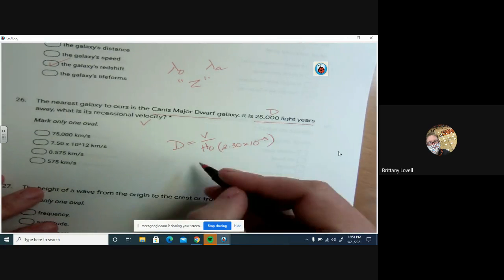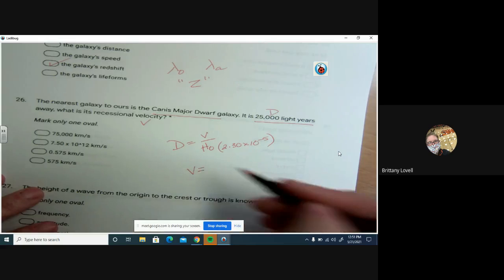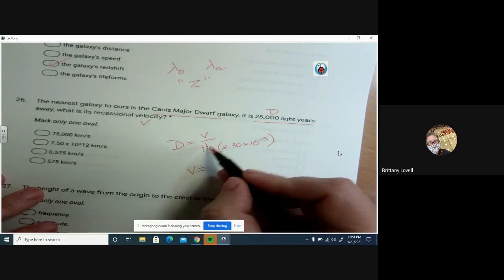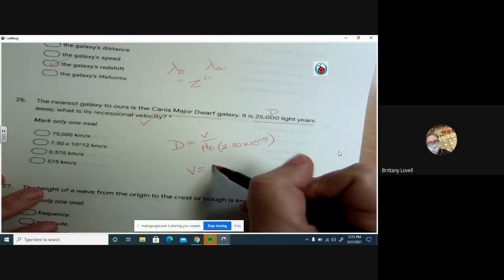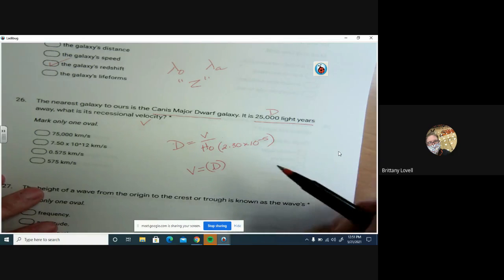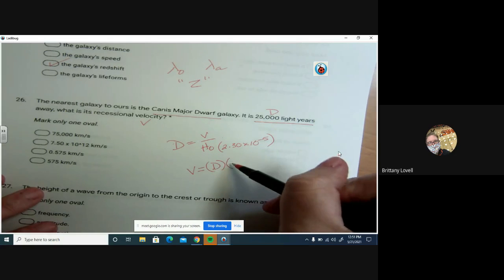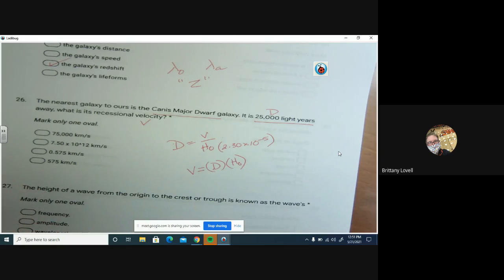You have to rearrange the formula so that it says V is equal to, and you multiply both sides times Hubble's constant. So velocity is equal to the distance times Hubble's constant. Just like that.